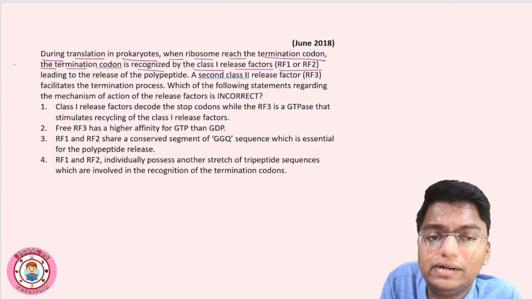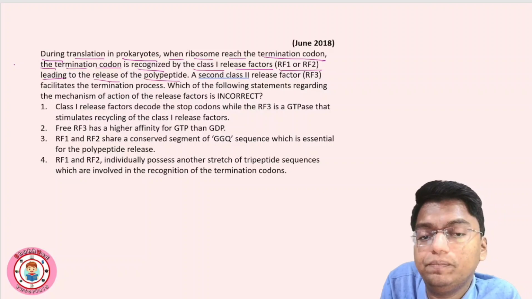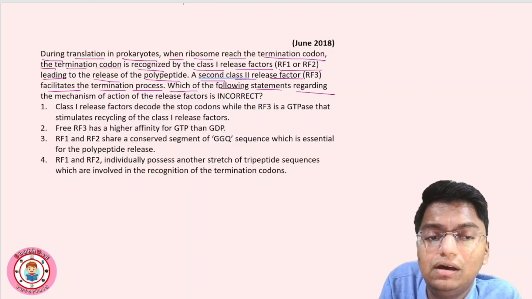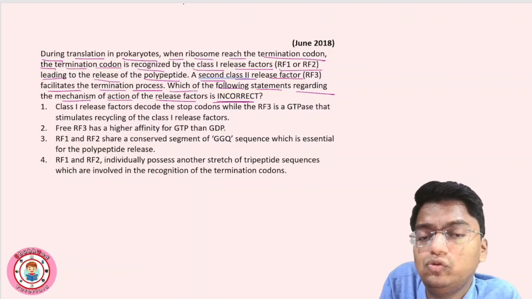Okay, class 1 release factor है, leading to the release of the polypeptide. Now, a second class 2 release factor, RF3, facilitates the termination process. Which of the following statements regarding the mechanism of action of release factor is incorrect? Okay, incorrect हमें पूछा है.